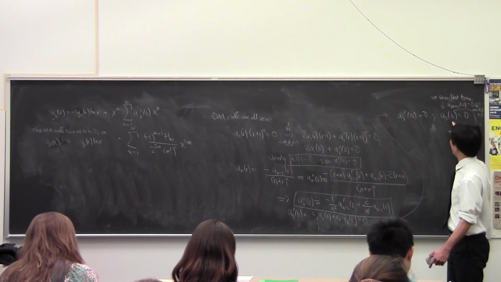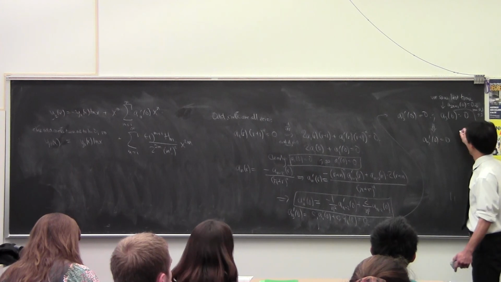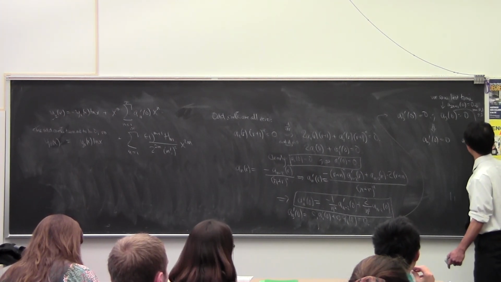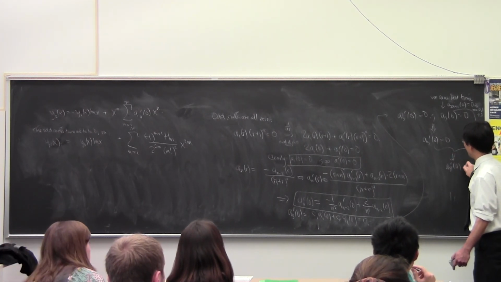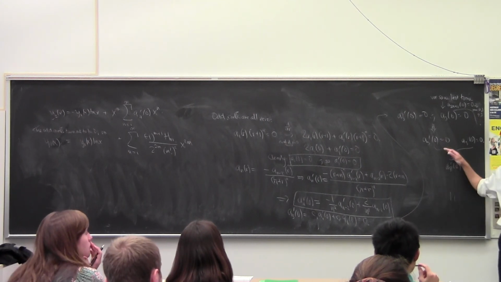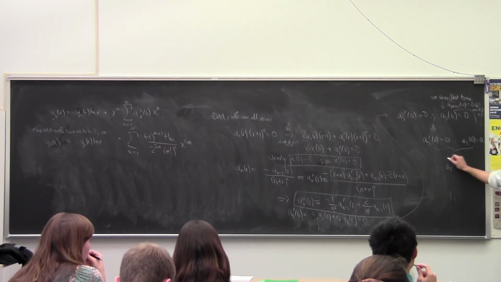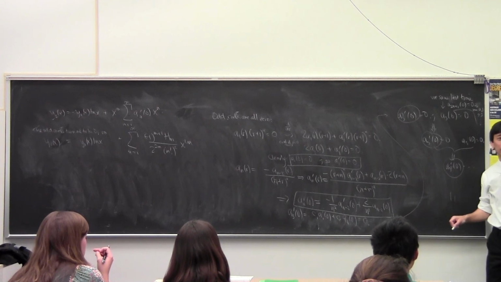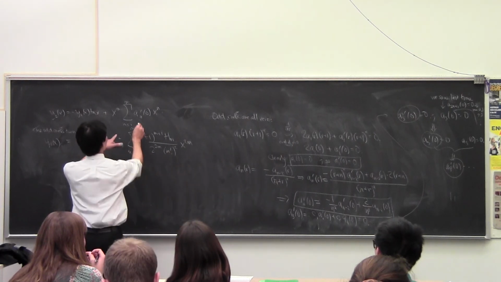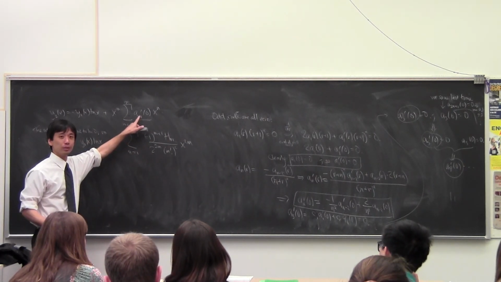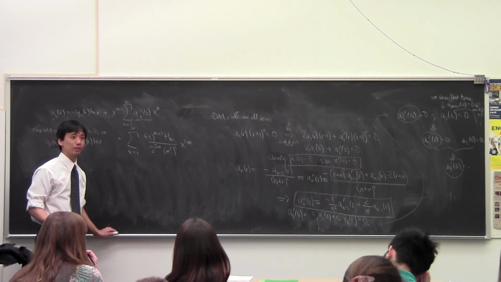And again from yesterday, we know that a5 itself was 0. Then these two give us a7, etc., and so you just keep on bootstrapping. By induction, you get that all of these odd guys are 0. And so that's why we don't need to worry about the odd powers here. Only the even powers are going to persist.